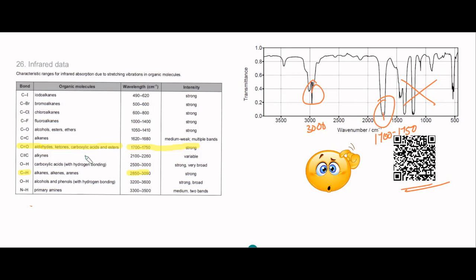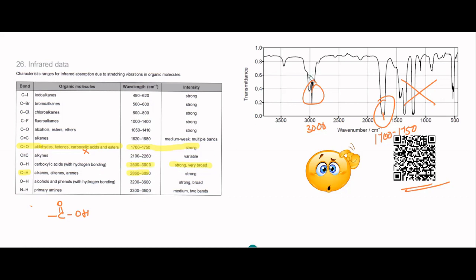Again, the option for carboxylic acid has to be ruled out, because carboxylic acid is C=OOH. This OH should give a peak around 2500 to 3000. If there is a presence of carboxylic acid, we have to get a very strong and very broad peak there.